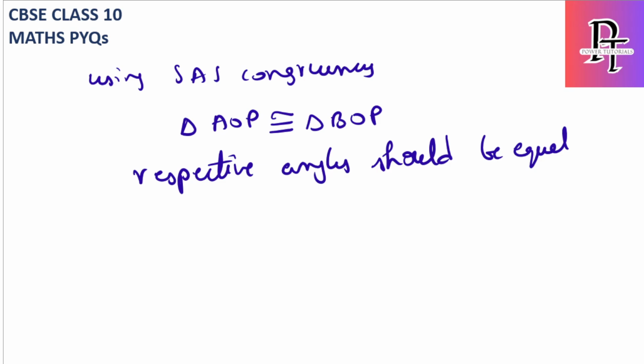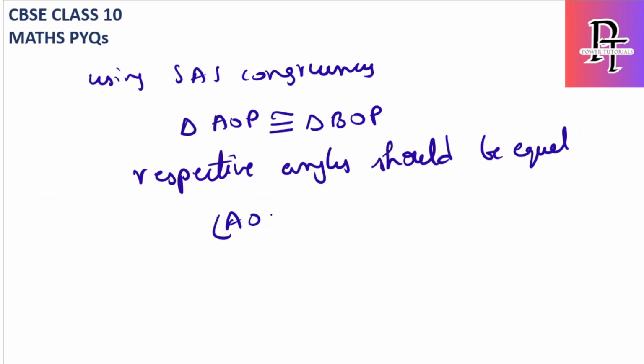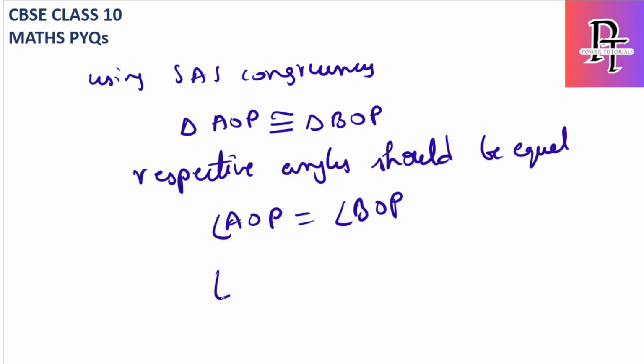Respective angles means angle AOP should be equal to angle BOP, and the other one, angle POA should be equal to angle POB.